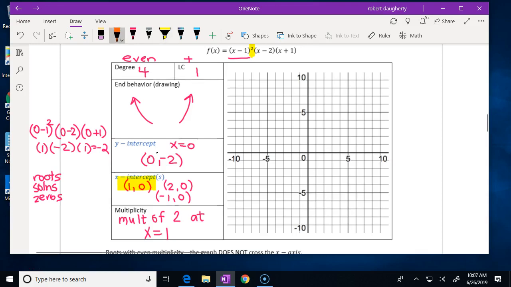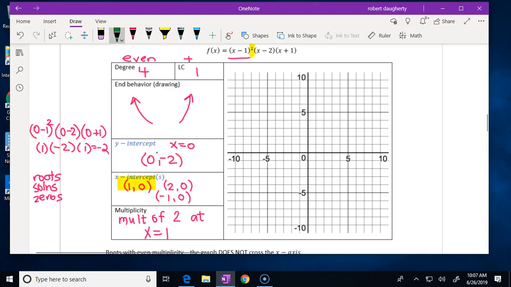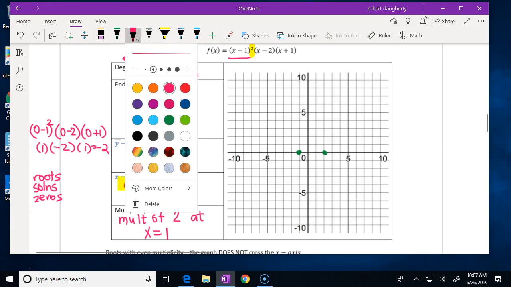So now let's go to graphing this. If I want to graph this, let's just graph the points. I'm going to choose green is where I cross the axis. I know I'm going to cross the axis at (2, 0), so I'm going to put a green dot there, and at (-1, 0). That is where I cross. According to this multiplicity at x equal 1, I do not cross the axis.